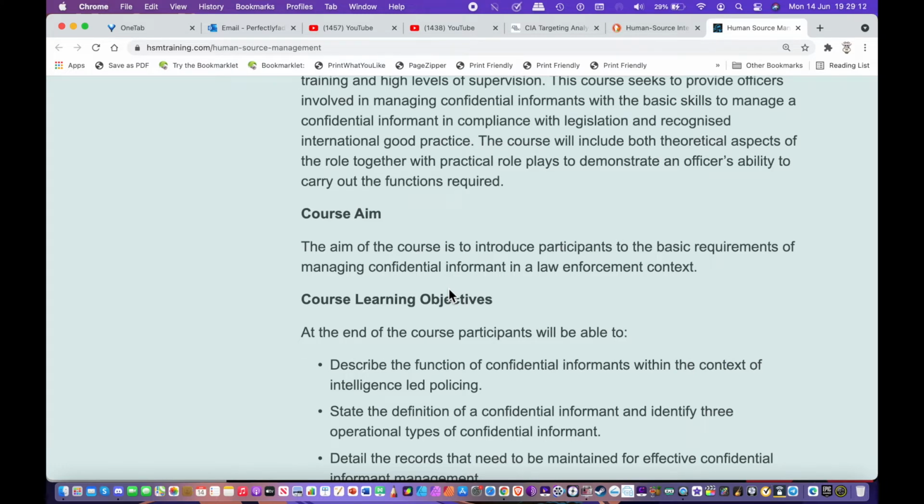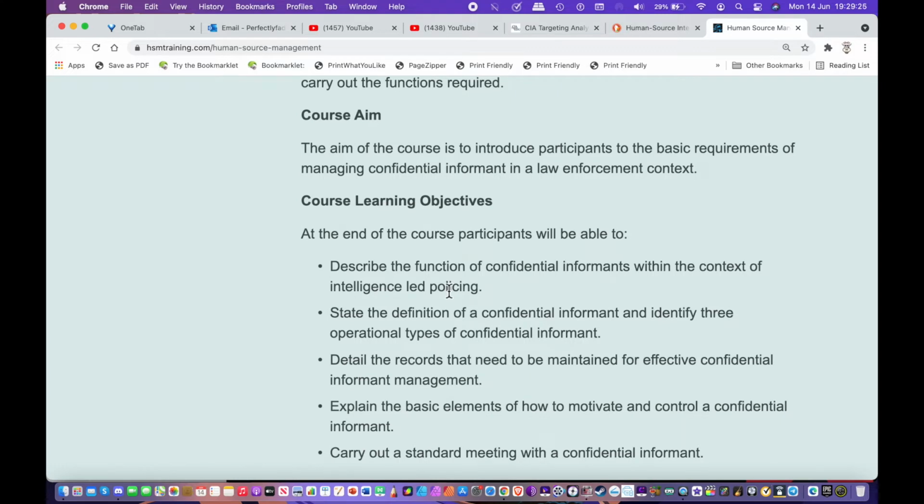The aim of the course is to introduce participants to the basic requirements of managing confidential informant in a law enforcement context. Course learning objectives.